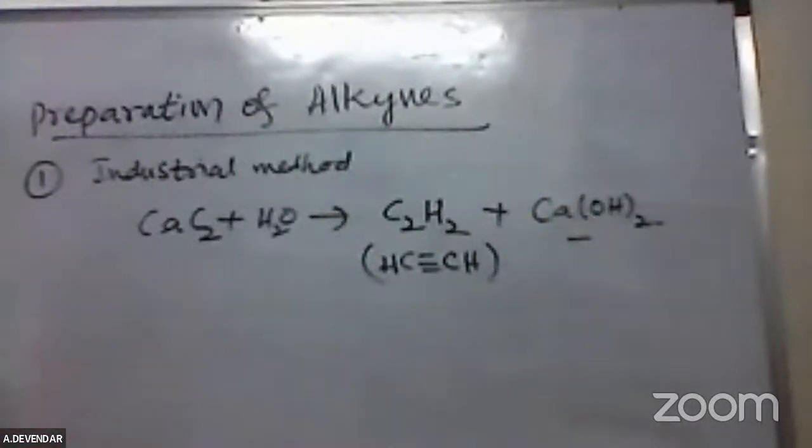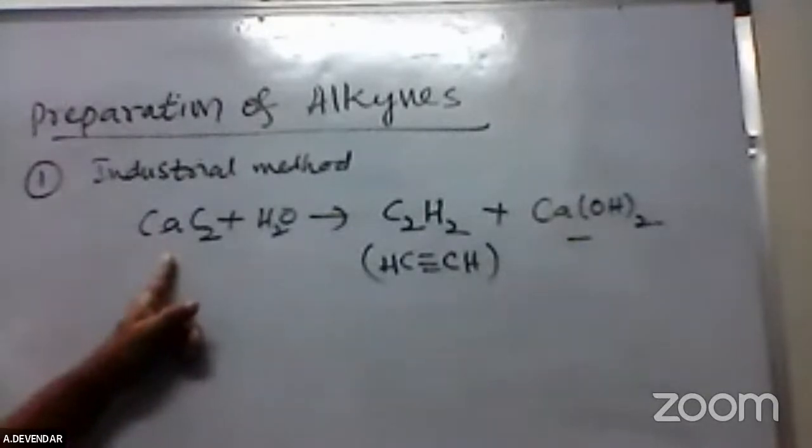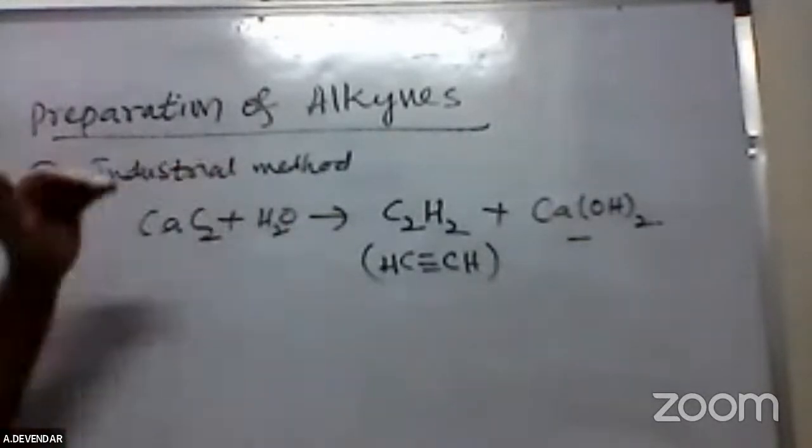Spraying calcium carbide on fruits gives this. This is the industrial method of preparation.